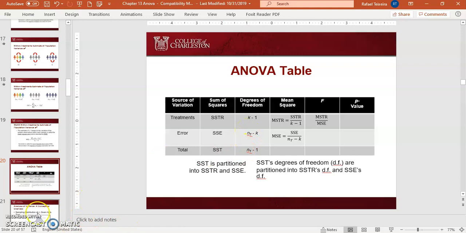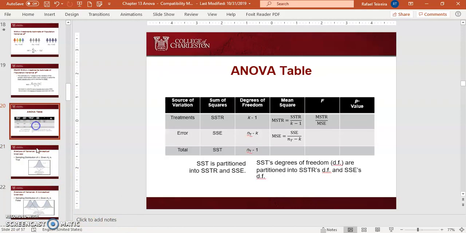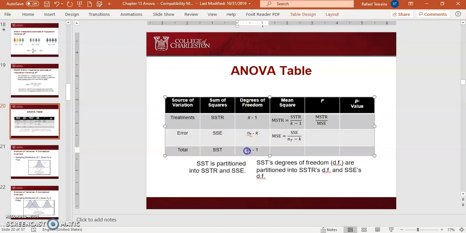And the total source of variation has degrees of freedom total sample size minus 1. If I divide the sum of squares by the degrees of freedom, as I showed you in the previous slide, you have the mean squared.